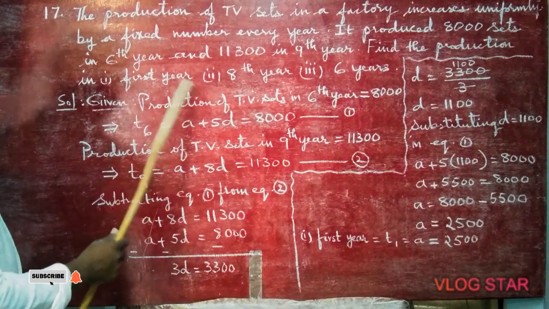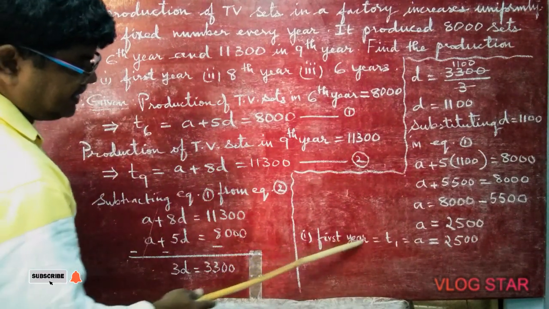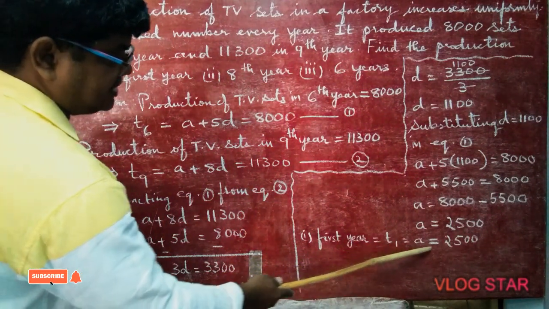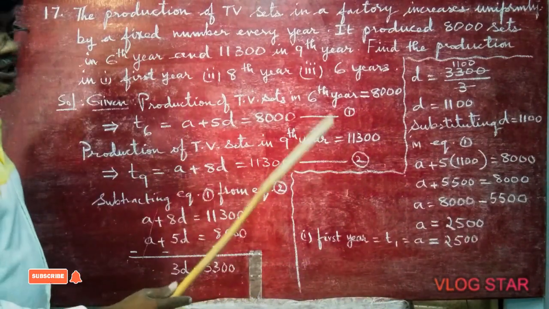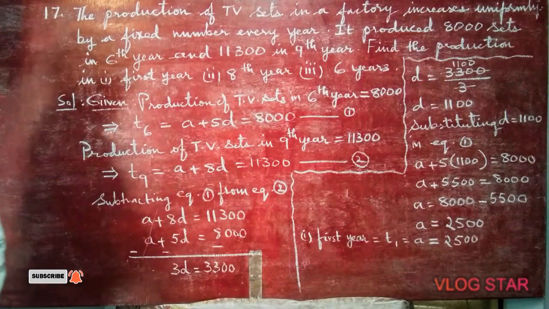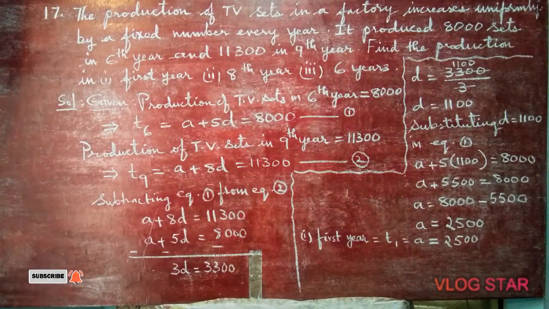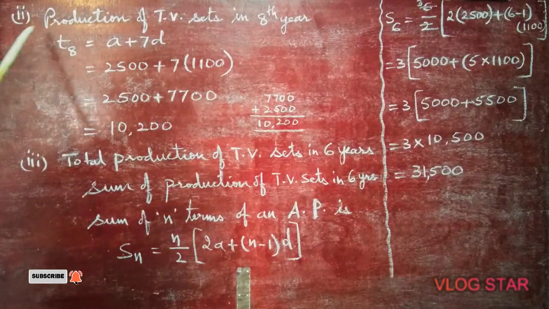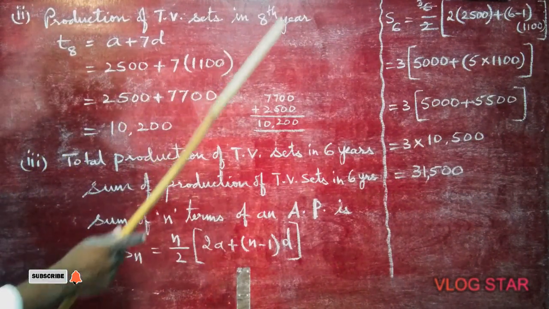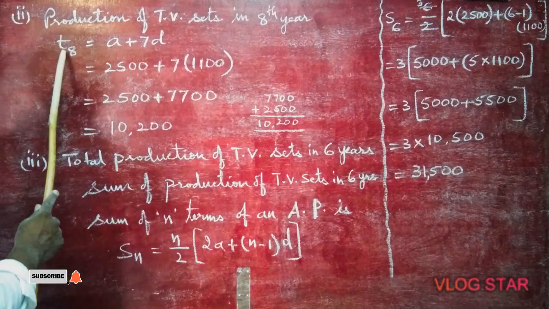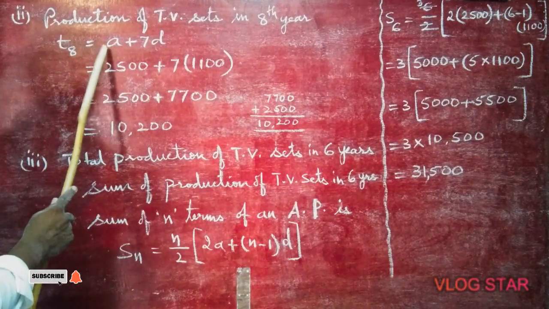First bit, they told us to find the first year. First year T1 we will represent. a is equal to 2500. In the first year the production is 2500. Now the second bit. Production of TV sets in the 8th year. 8th year means T8.